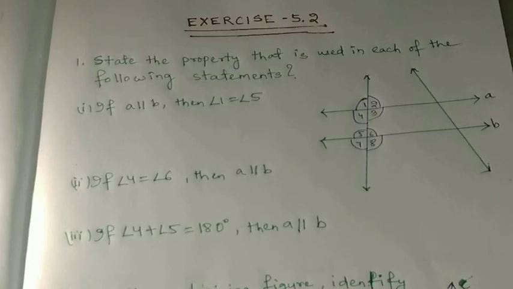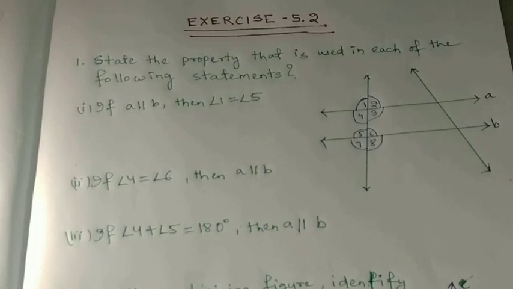So let's start. Before question number one, you have studied in the second portion of chapter 5 about parallel lines, transversal lines and the angles formed by transversal lines. What are the angles formed?